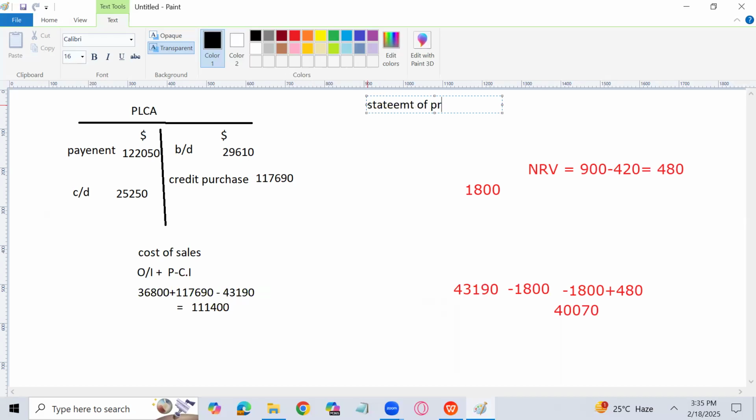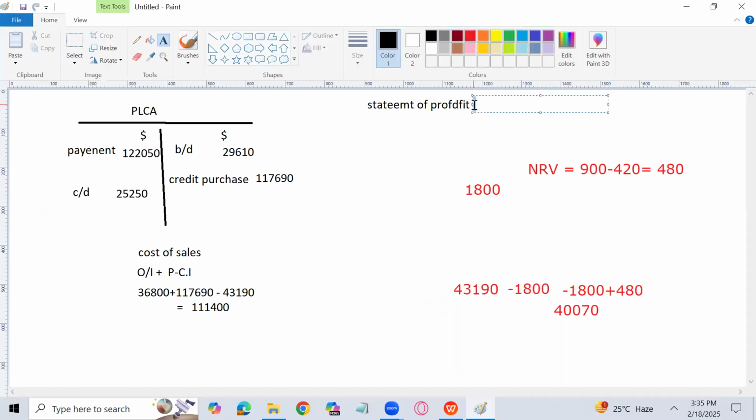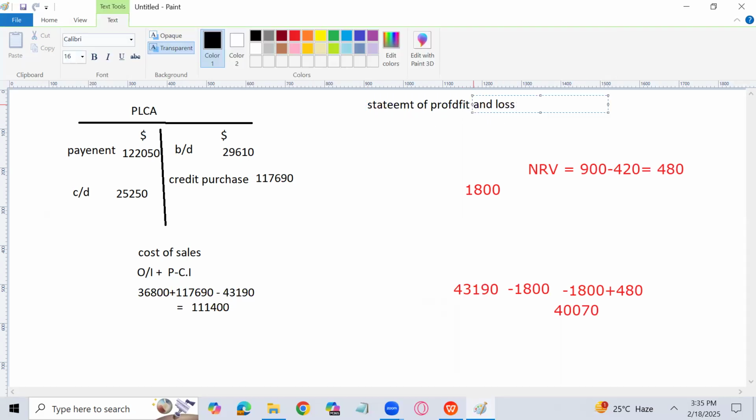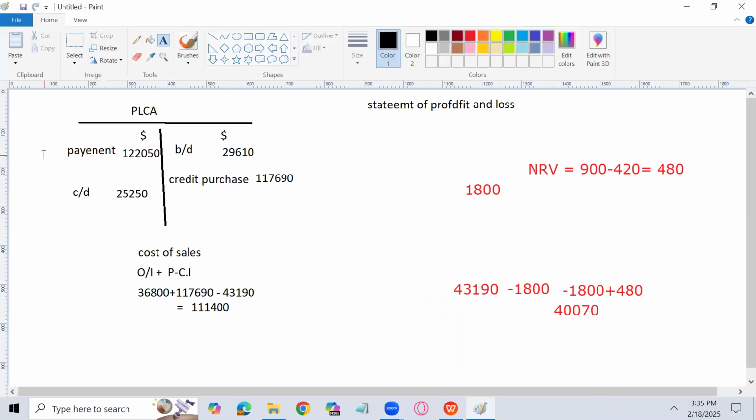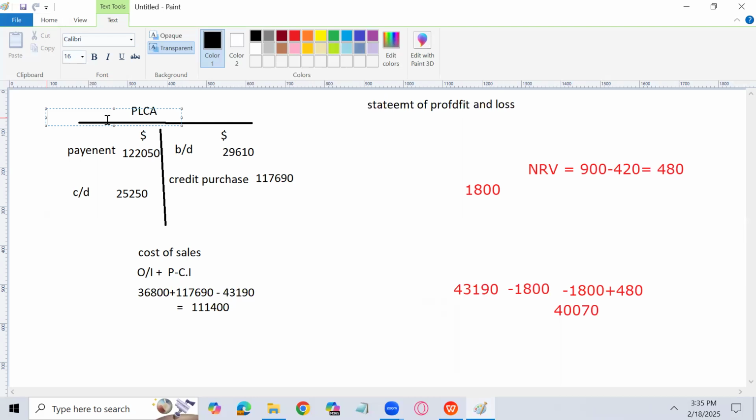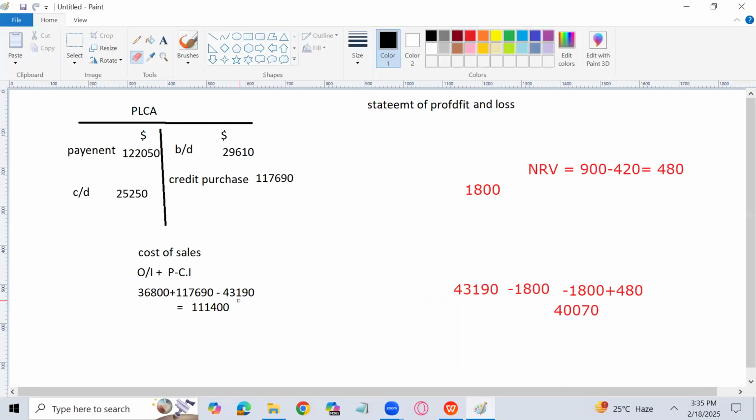And when we prepare the statement of profit and loss for the company, it has a different format. Closing inventory, yes, you will have to write the correct amount, the amount which we have gone for the correction. So that is going to be 40070.